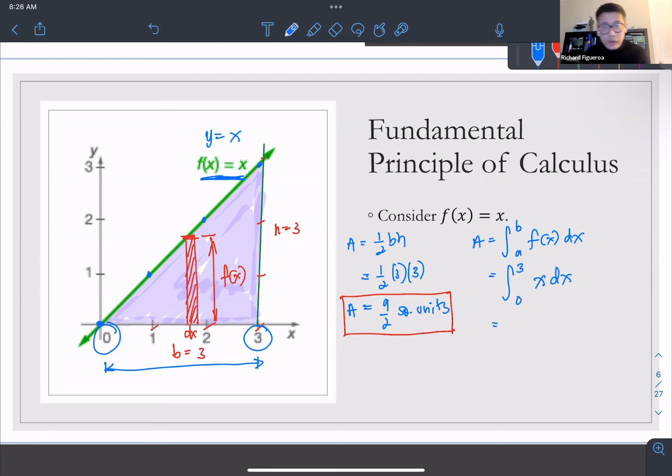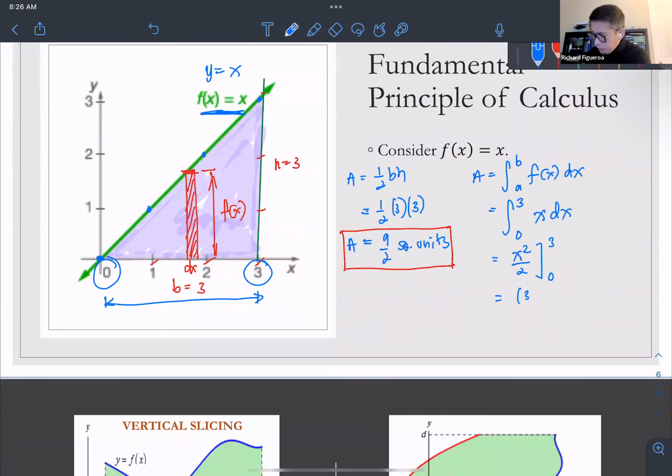So now we're going to evaluate the definite integral. The integral of x will be x squared all over 2, and then we evaluate it from 0 to 3. This is the same as 3 squared all over 2 minus 0 squared all over 2. So the upper boundary minus the lower boundary. We just substitute the upper limit minus the lower limit.